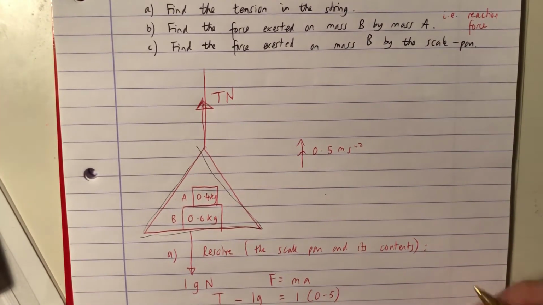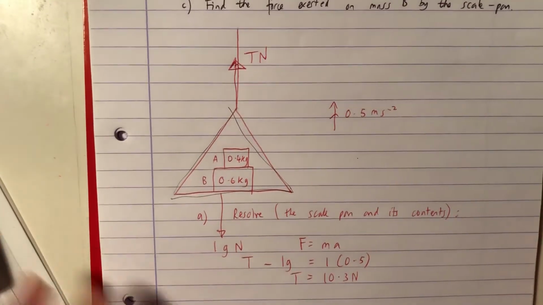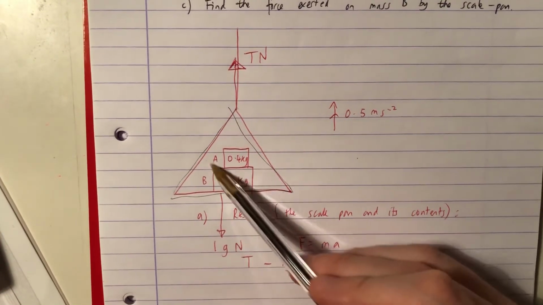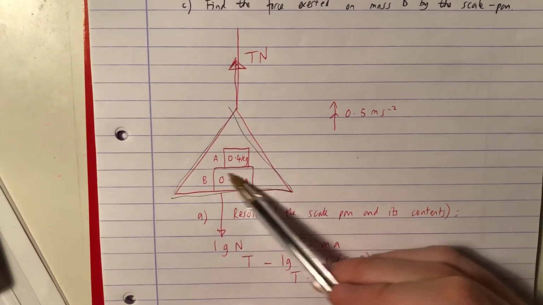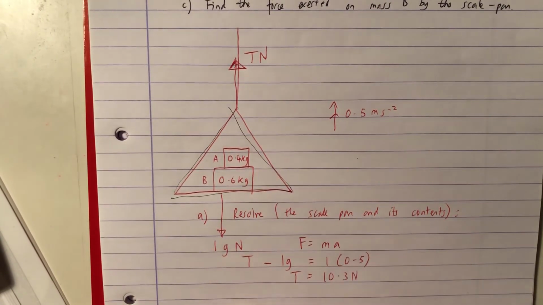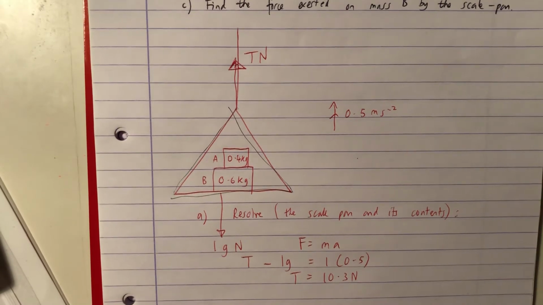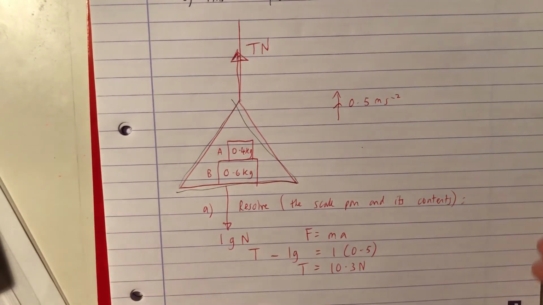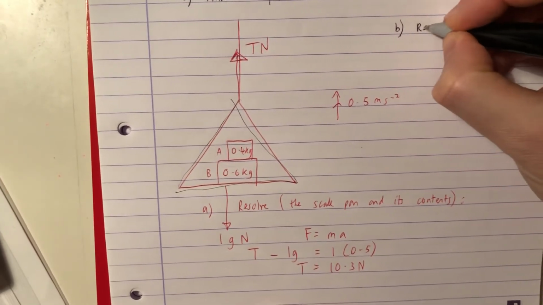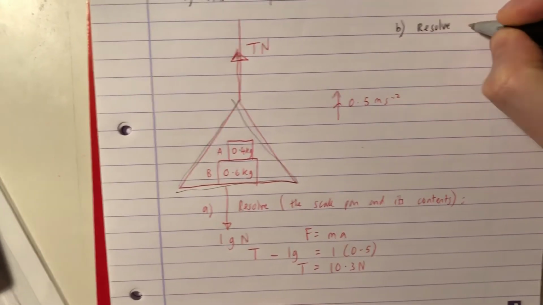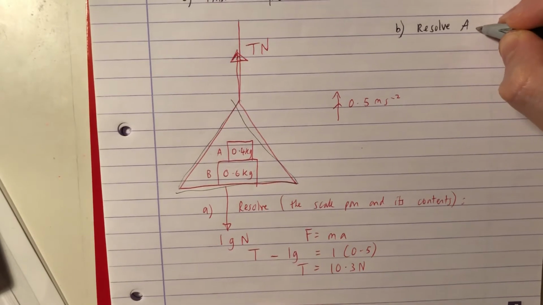So I'm going to just take into account the simpler object, which for me is object A, and consider the forces acting on object A and object A only. So for part B, I'm going to resolve object A only.